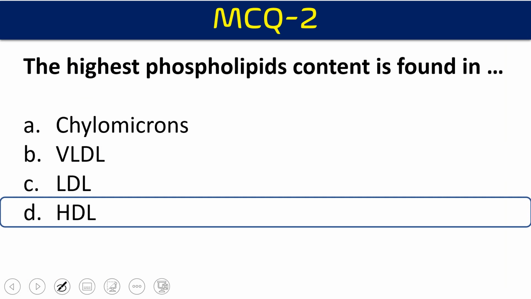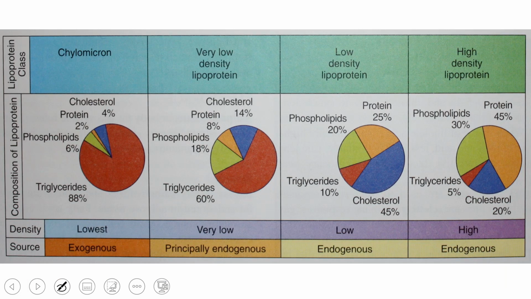Similarly, VLDL has 90% lipids. If you see this picture, this is the complete distribution. Chylomicron has the lowest density and largest size, whereas HDL has the highest density and smallest size. This density corresponds to the protein.